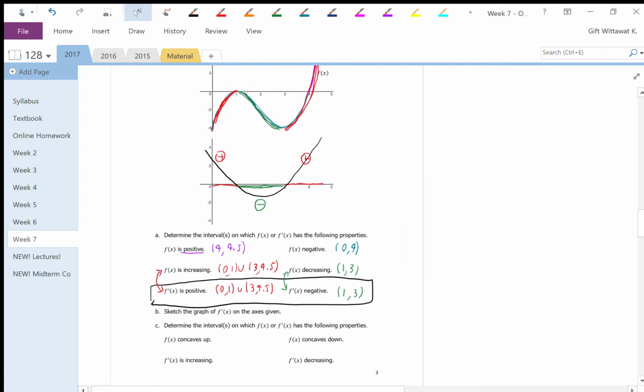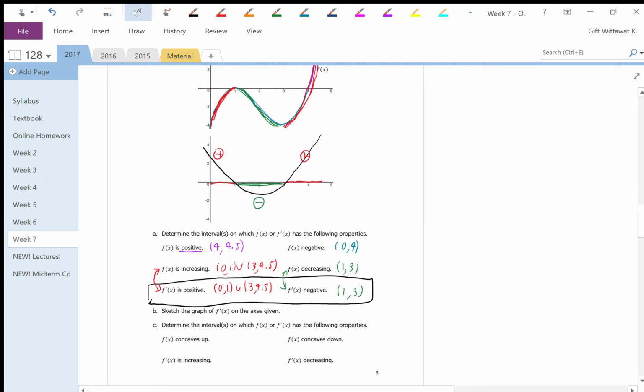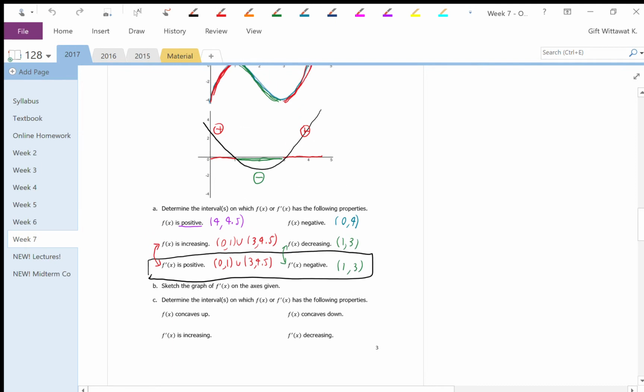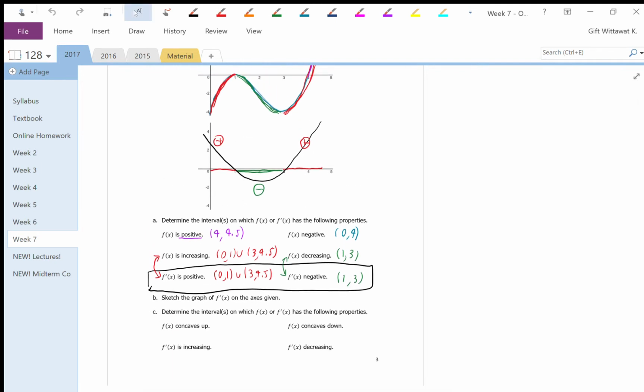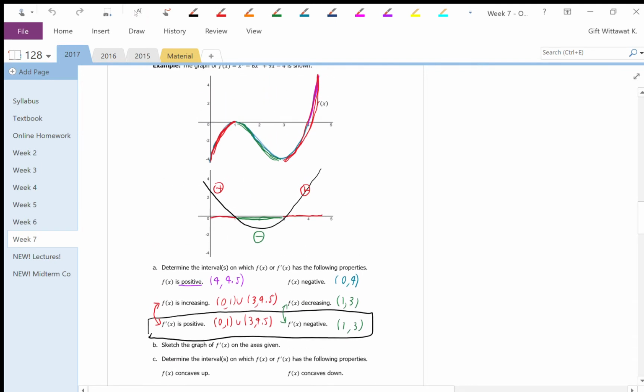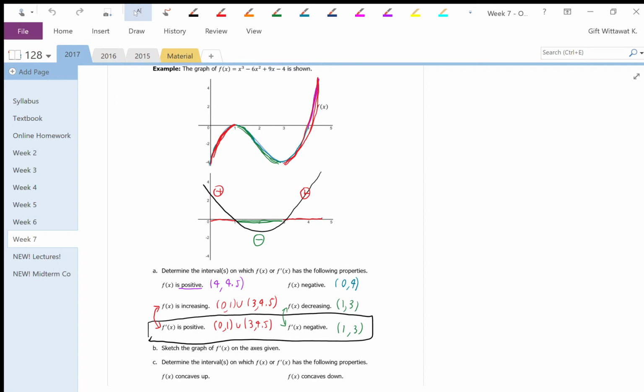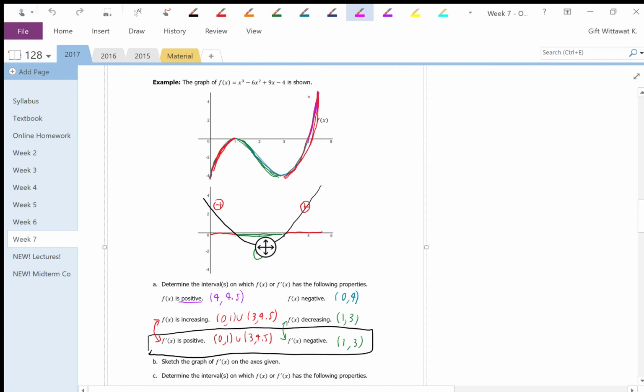So let me now do my part C. I'd like to determine the intervals on which f of x has the following properties. I'd like to know when my function is concave up. Concave up looks like a cup, like a U. Maybe I should erase this.